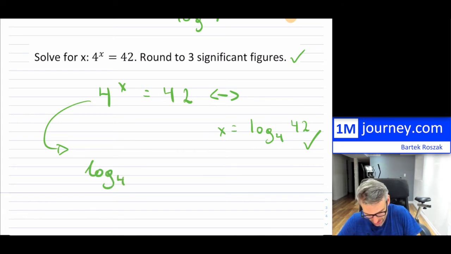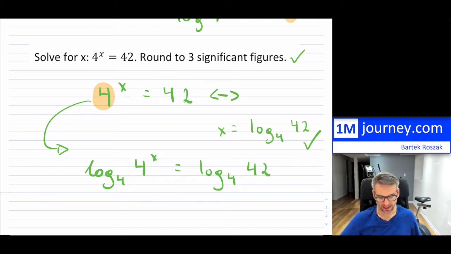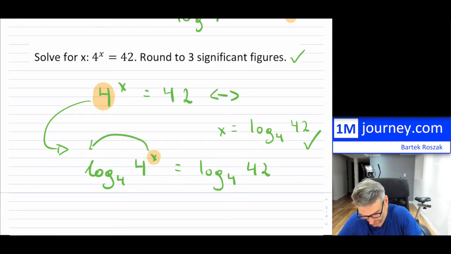People might write, let's take the log base 4 of this, and they're going to do that to both sides. Now, it's an additional step, but sometimes it's a useful step to remind us. And the reason why they do this is because, again, this x will drop down to the front, because of the property.